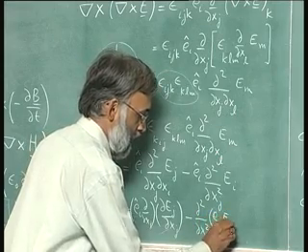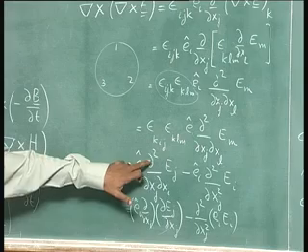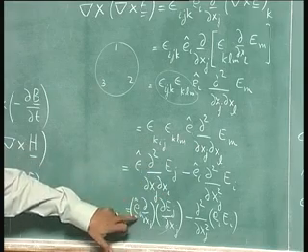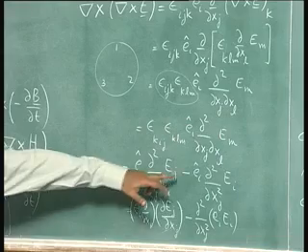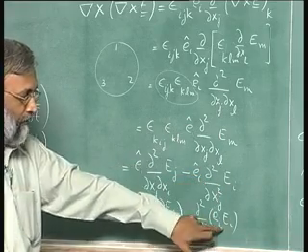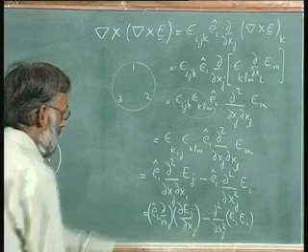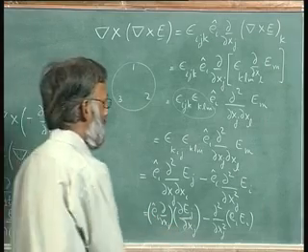I have just collected terms. So, del del x_i I have combined with the E_i, del del x_j I have combined with the capital E_j. Similarly, here the E_i and the capital E_i have combined together. But each of these is a vector operation, and let me write down that vector operation.